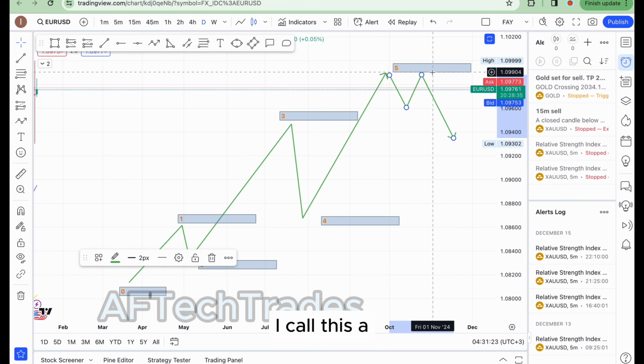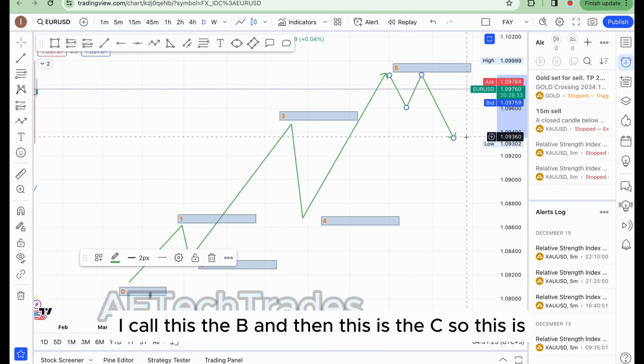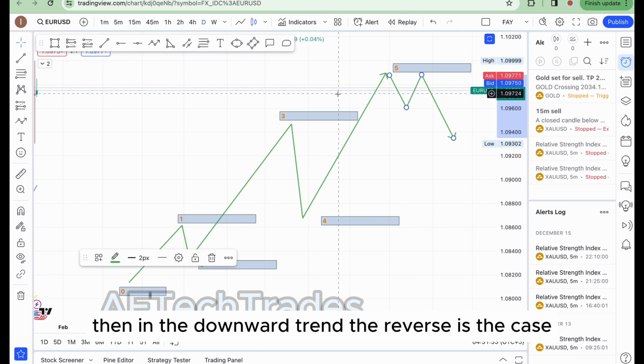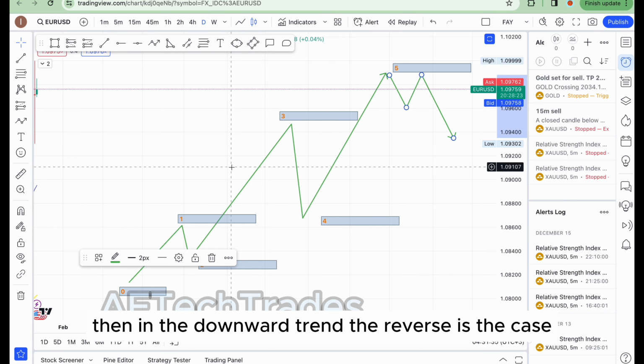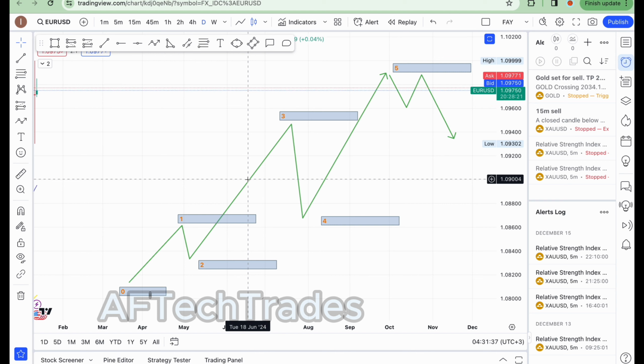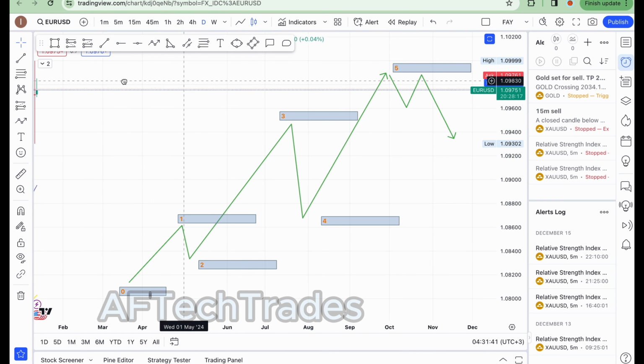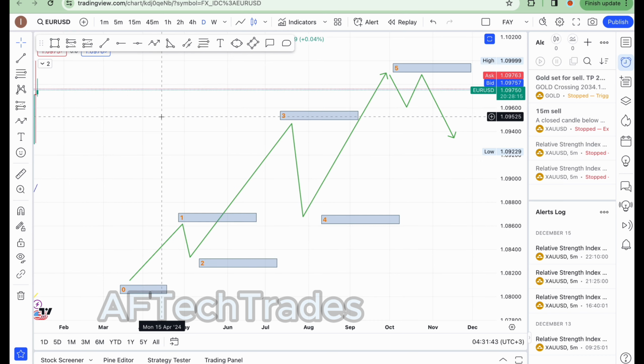I call this A, I call this B, and then this is the C. So this is an example in the upward trend. Then in the downward trend, the reverse is the case. Can I invert this? Okay, no. Let me do something different.